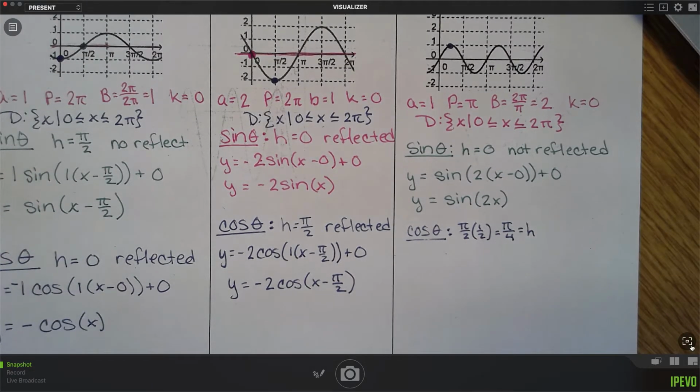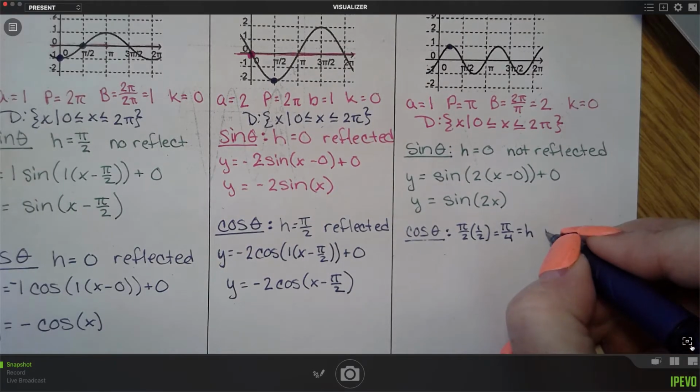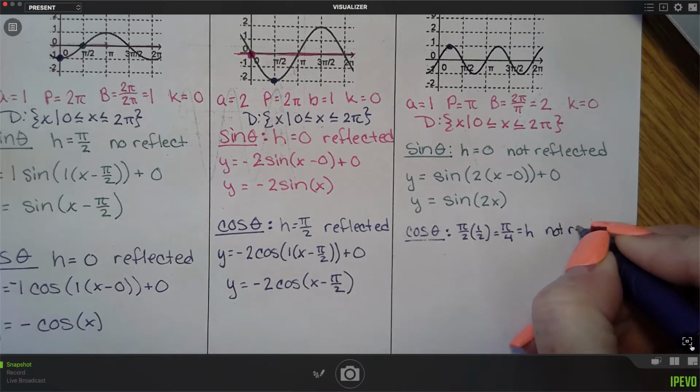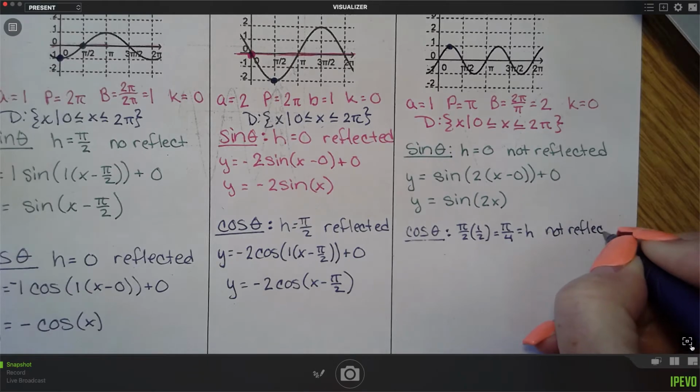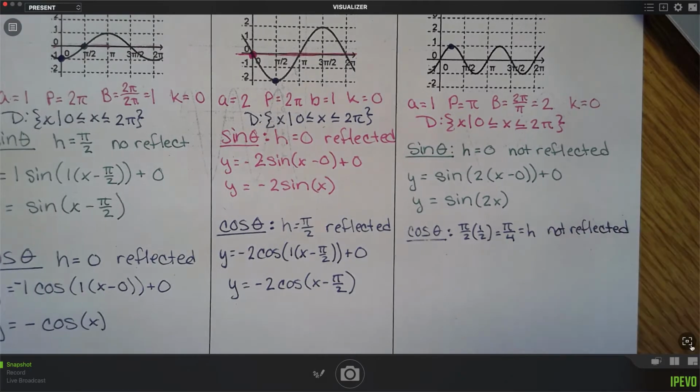And is it reflected? No. So not everything is going to be marked, is it? So I have to use what I know about how these work, that they're cut into equal parts.